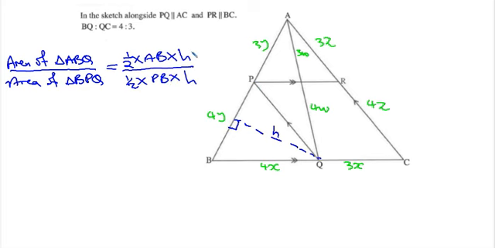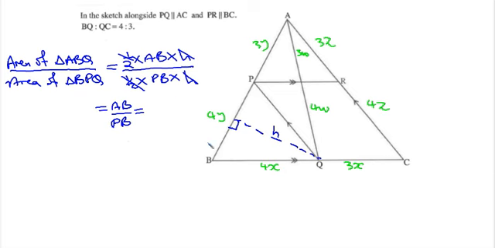So this is area of the bigger triangle over area of the smaller triangle. The H is the same, so we cancel the half and the half. So we are left with AB over PB.